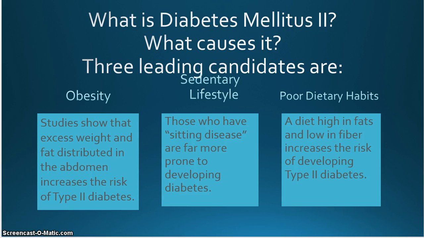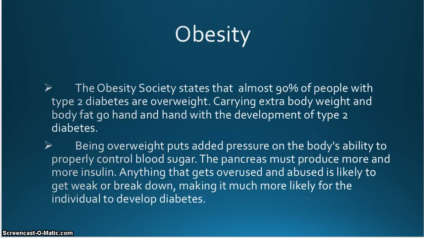People have sitting disease, and they are far more prone to developing diabetes. The third, poor dietary habits. A diet high in fats and low in fiber increases the risk of developing type 2 diabetes. Unfortunately, we have far too many choices of those kinds of foods.